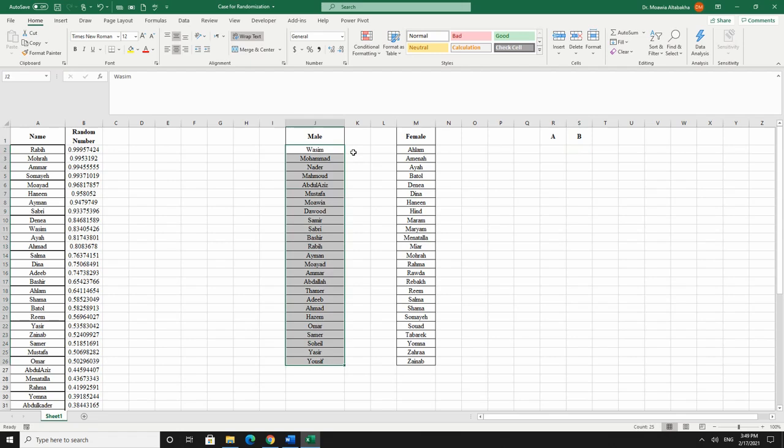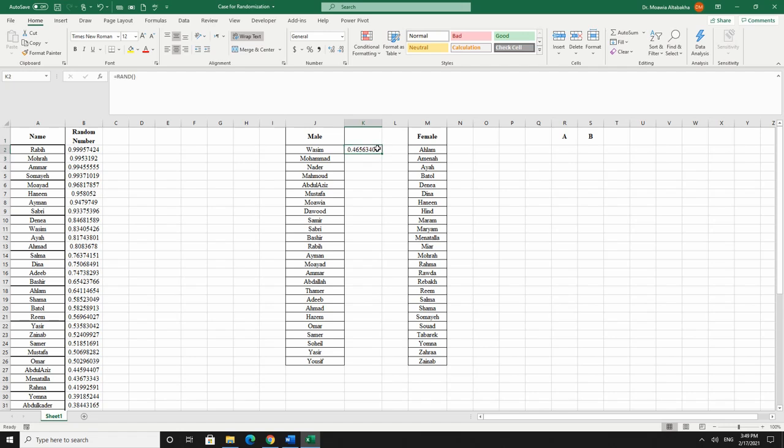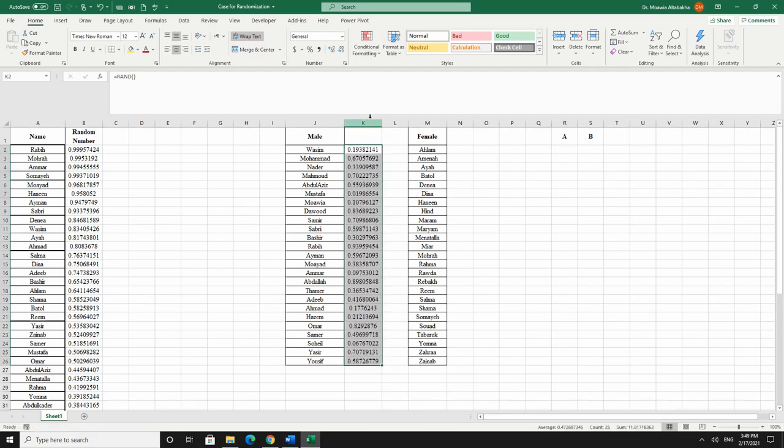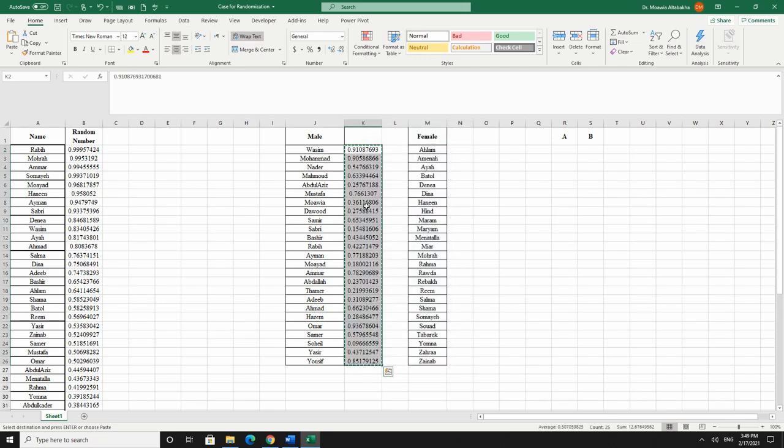I can repeat what I did here. I can say equal to random, and now I close the bracket, and now I will get a random number. Now I will do it for all of them, then I will copy it and paste it again here as numbers. You cannot just keep it as it is with the formula.